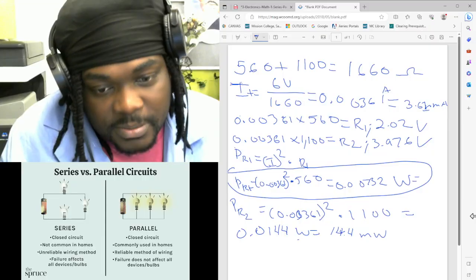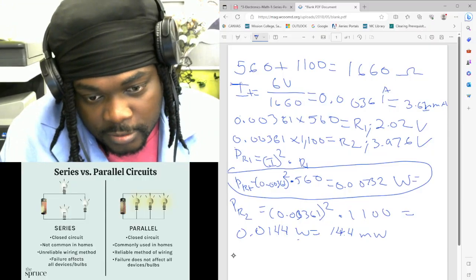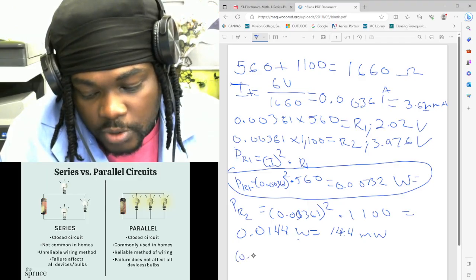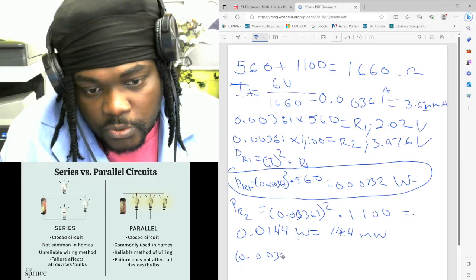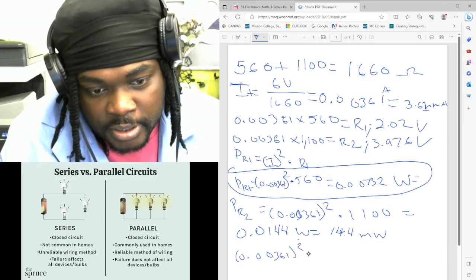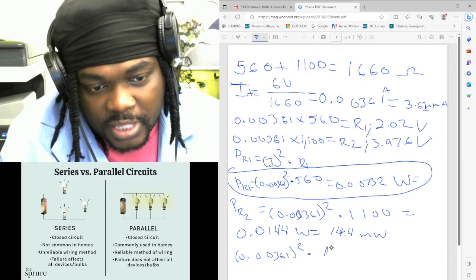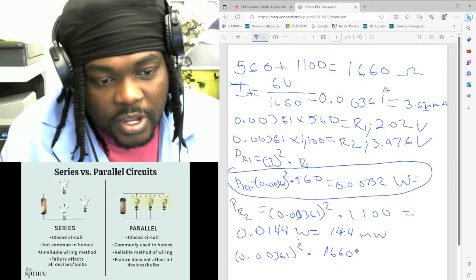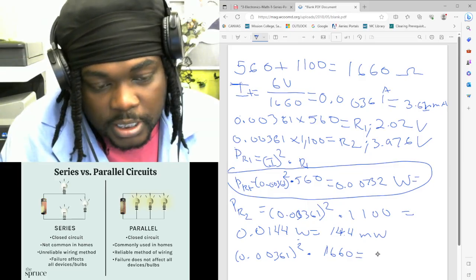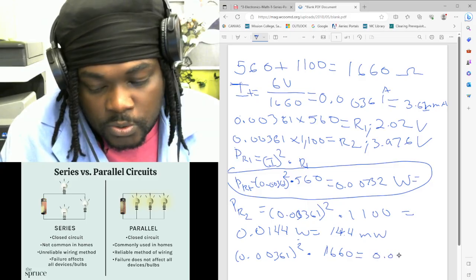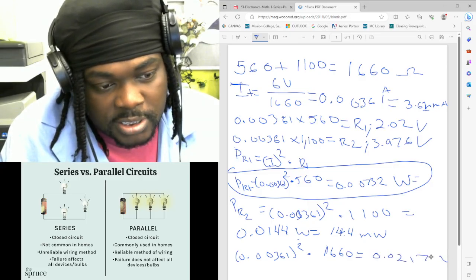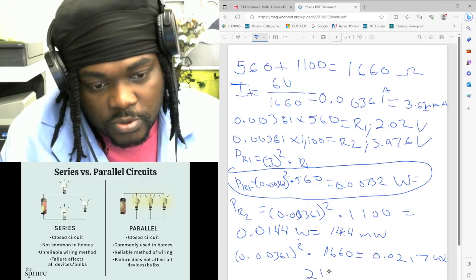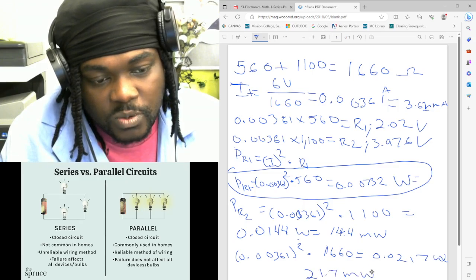It's going to be as simple as doing 0.00361 squared times 1,660. Remember, this was the ohms value, and we end up getting 0.0217 watts, which is equivalent to 21.7 milliwatts.